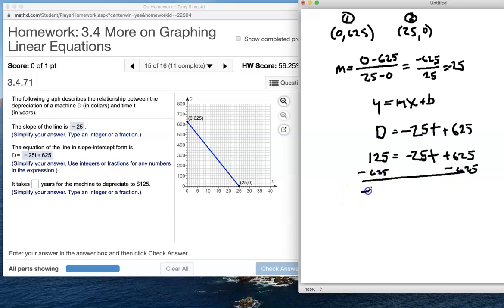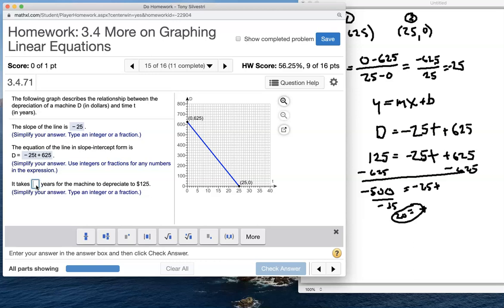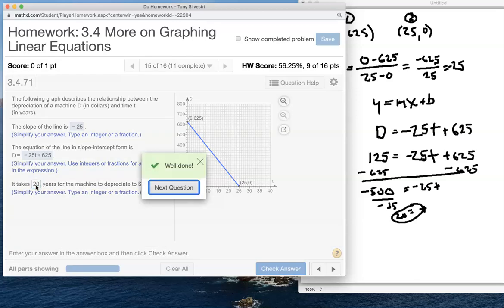And that'll give me negative 500 equals negative 25t. And t will therefore be, when I divide both sides by negative 25, I get the value of 20. It takes 20 years for that to go down.